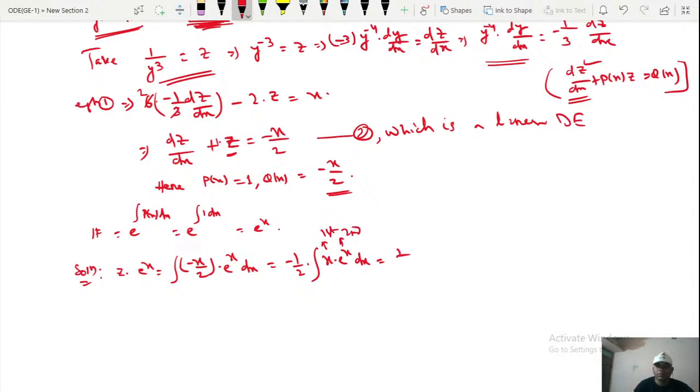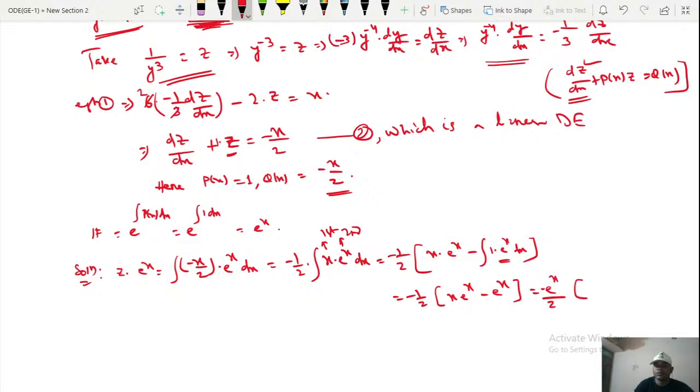Taking the minus half outside: first into integration of second, minus integration of derivative of first into integration of second dx, which is your minus half whole into x e to the power x minus e to the power x. So this is minus e to the power x by 2, that means taking e to the power x common, this is x minus 1 into this thing.